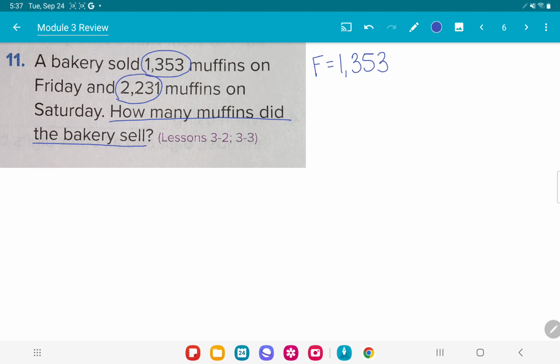And 2,231 muffins on Saturday. We want to know how many muffins the bakery sold. So the number of muffins the bakery sold will be the amount they sold Friday plus the amount they sold Saturday.